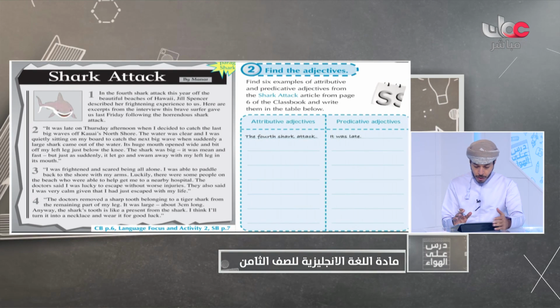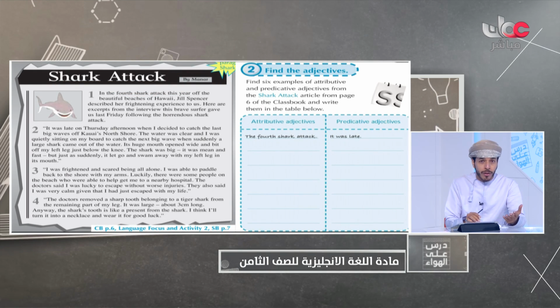Good. Here, let's move on to our class book, page 6. Okay? And also keep your skills book open on page 7, please, on activity number 2. Here we have a shark attack. This headline, we call it headline, if you remember, is written, or this report is written by Manar.